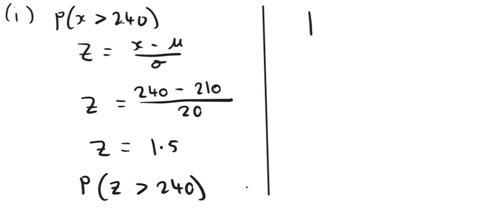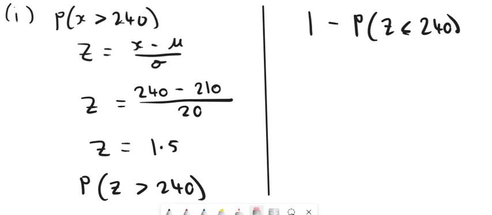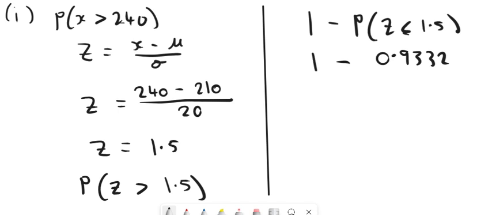So we're going to do 1 minus the probability that z is less than or equal to 1.5. So you'll go to your tables and look up 1.5 in the z-score tables and we should get 0.9332.